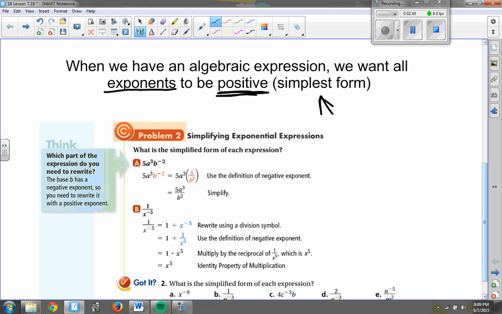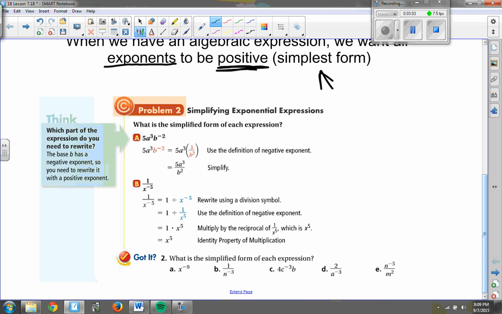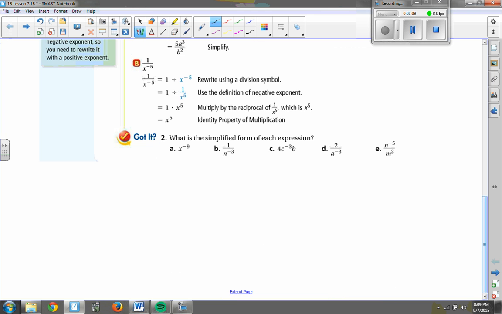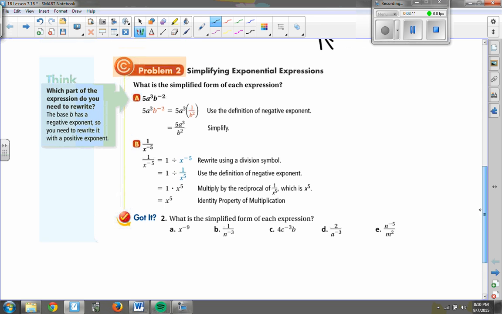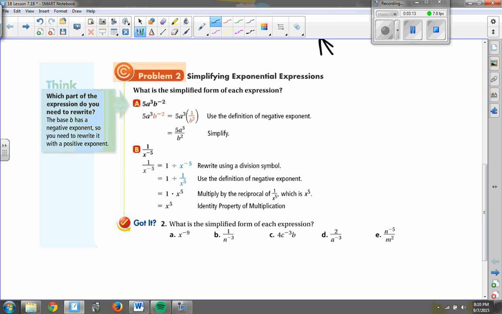So if we look here at problem 2, we are given some algebraic expressions that are not in simplest form, and hopefully we can see that the reason we know they're not in simplest form is because we see numerous negative exponents. All right, so let's take a look at letter A first here under problem 2.